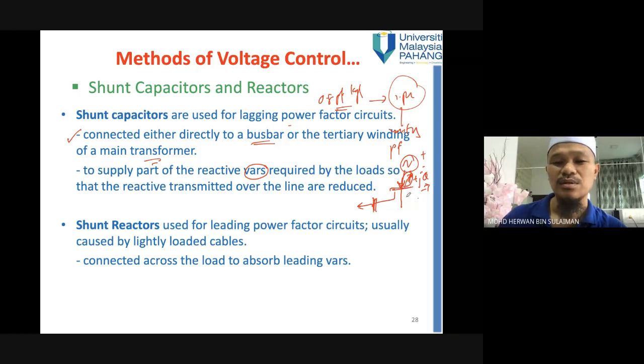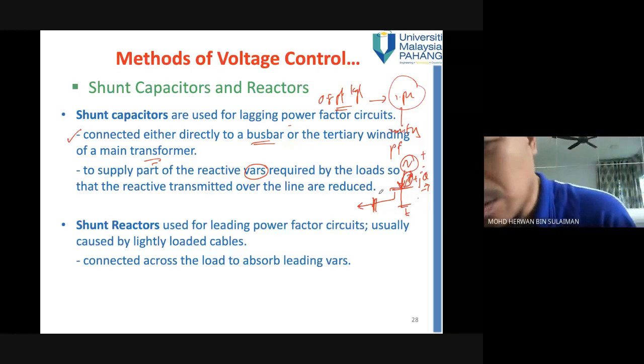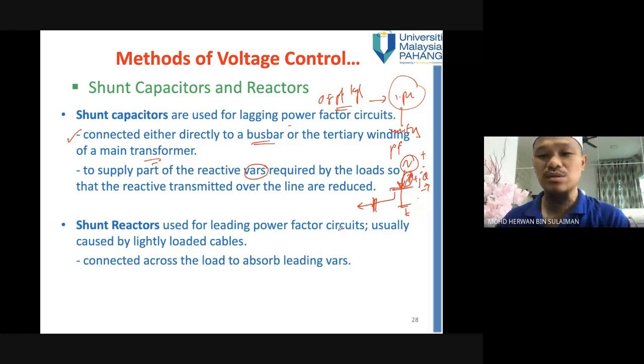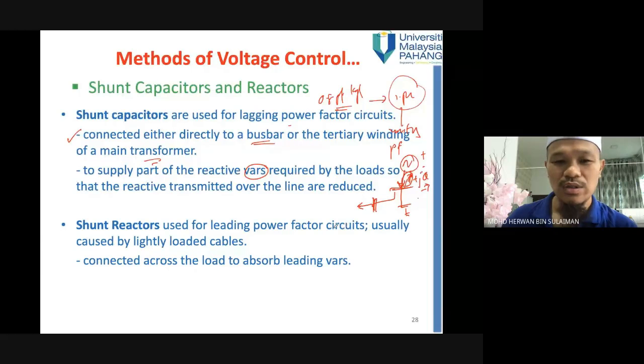That's why sometimes you need to put a capacitor in the bus to supply reactive power when there is not enough in the system. When you support the reactive power, normally we make the system as close to unity power factor. You remember the power triangle, right?